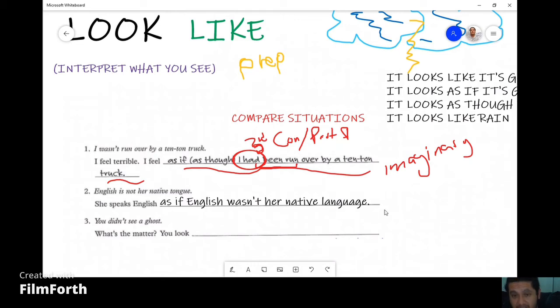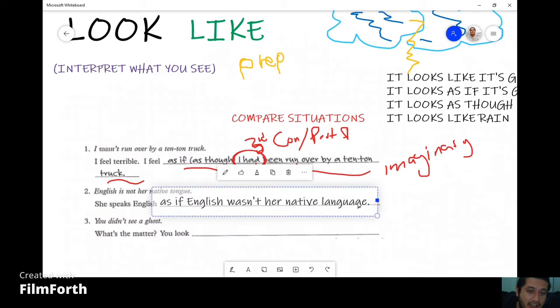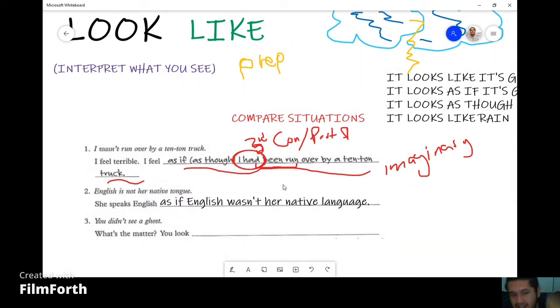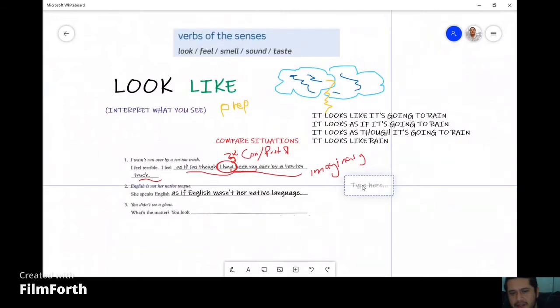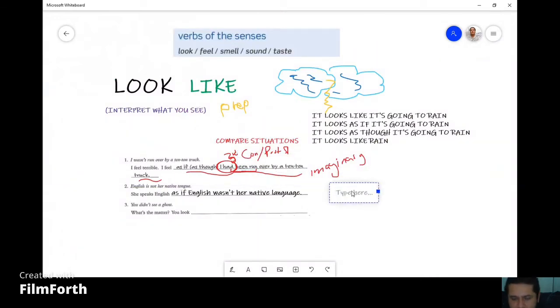I don't really speak like a native speaker, but she does it. To picture this situation in number 2, let me put it here. Let's call her Sasha. Sasha's from the United States.